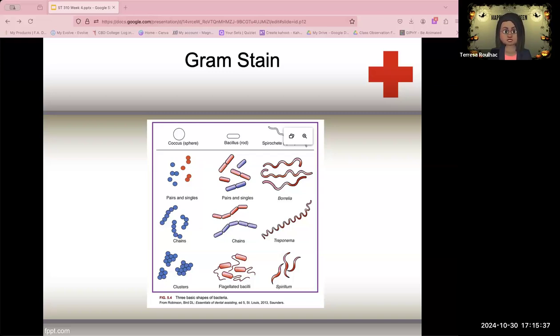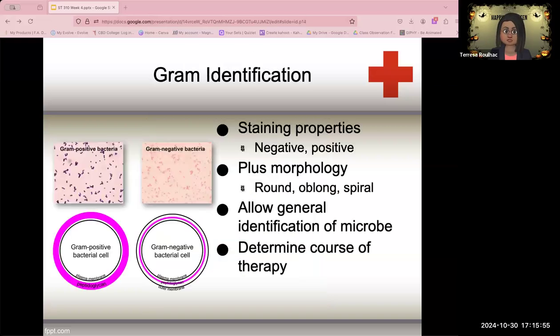The doctor can make informed decisions when prescribing an initial course of antibiotic therapy. And for us, understanding whether an infection is caused by gram negative or gram positive allows for more effective treatment and improves the patient's outcome. We have to be able to identify the staining properties of bacteria, particularly their gram staining characteristics, which are going to be important in identifying the microbes and guiding our treatment, right?